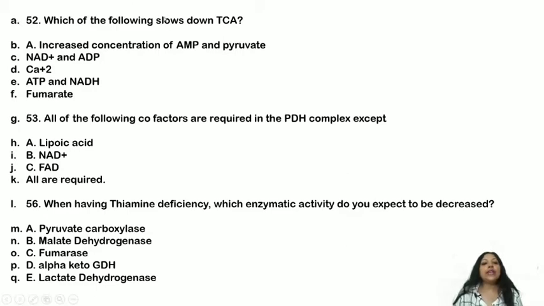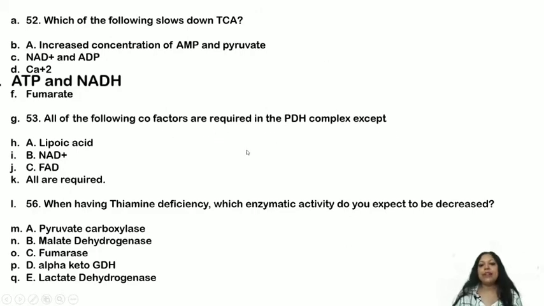Which of the following slows down TCA? Recently we studied that a high energy content of the cell, meaning a high concentration of ATP and NADH, slows down the tricarboxylic acid cycle, correct? It was a simple one. Now, all of the following cofactors are required in the PDH complex except.